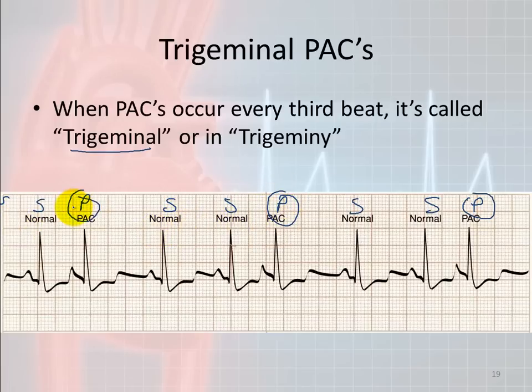Now this has to be a constant pattern. If you have PACs that occur every 2 beats, 4 beats, 3 beats, 9 beats, 5 beats, you can't call that bigeminal or trigeminal. Usually bigeminal and trigeminal occur on a regular basis, where every third beat throughout the whole strip is the premature complex.